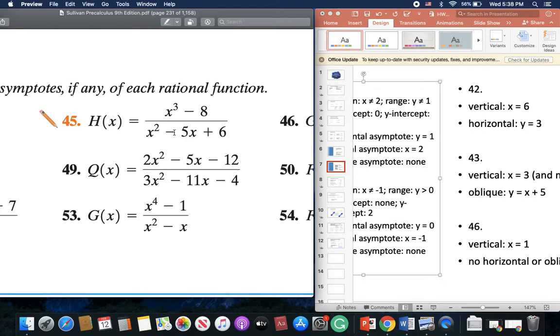Only x minus 3 will be remaining. From that x minus 3, you will get the vertical asymptote at x equal to plus 3. Because it is minus 3, the vertical asymptote will be plus 3.